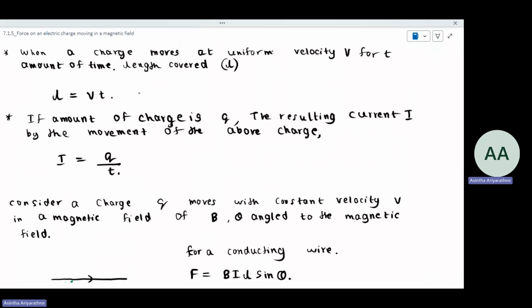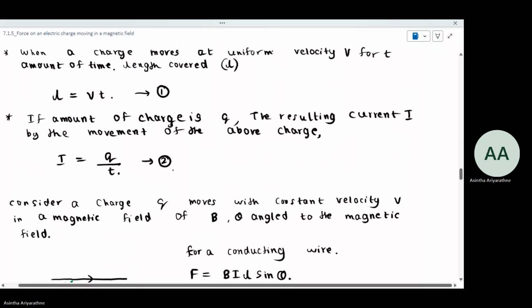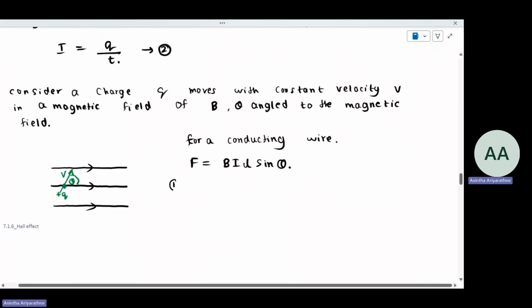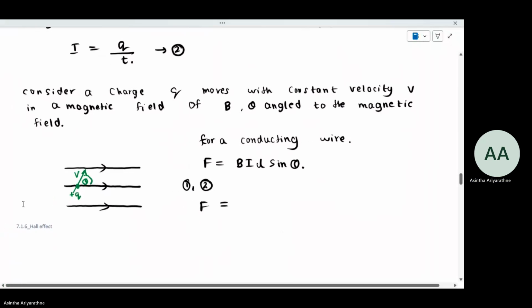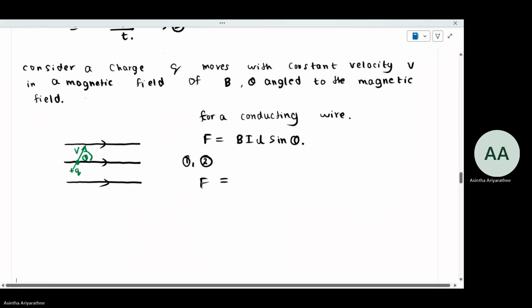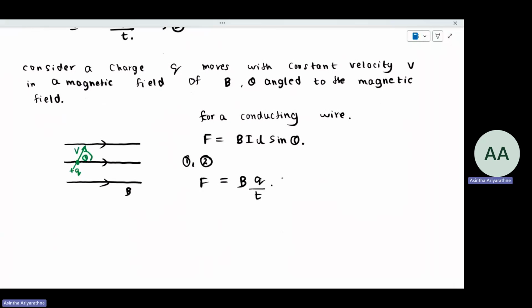Now, by substituting these two expressions, 1 and 2, we get F is equal to B, with I equal to Q over T, and L is equal to V into T sin theta.